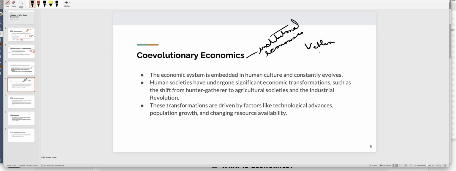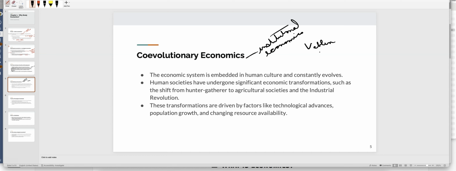We look at how the way that we create markets, that markets are institutionally and culturally determined. And as the society changes, for instance, from a hunter-gatherer to an agricultural society, then to the Industrial Revolution, to whatever this current system that we're existing in, as these things change, we would expect the economy to change as well.